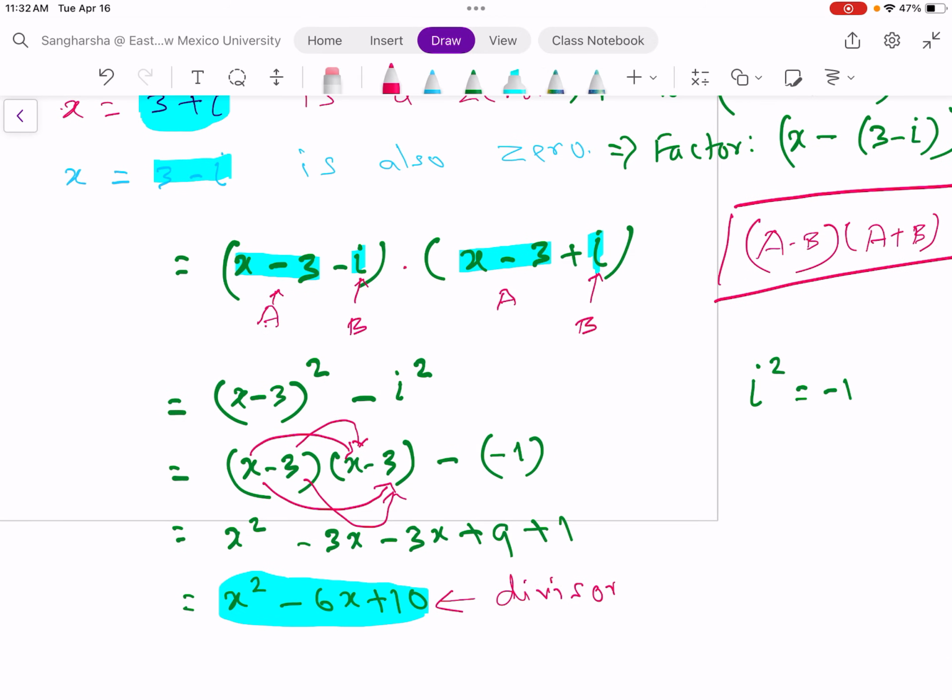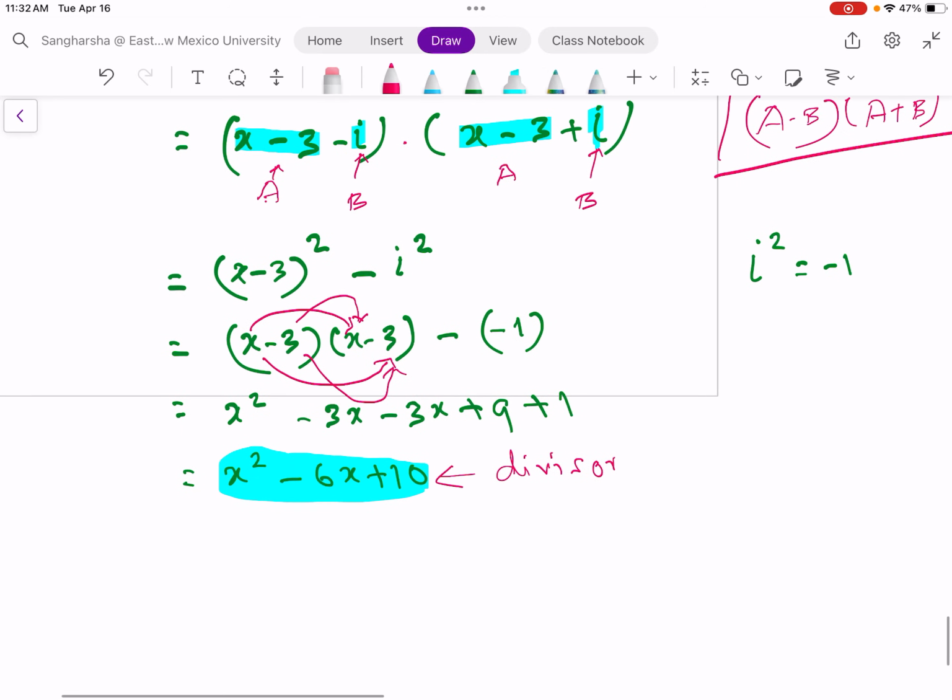Our divisor is x squared minus 6x plus 10. We can't use synthetic division, because every time you want to use synthetic division, the divisor must be of the form x minus some number. But here we have an x squared, so we can't use synthetic division, so we're going to use long division.